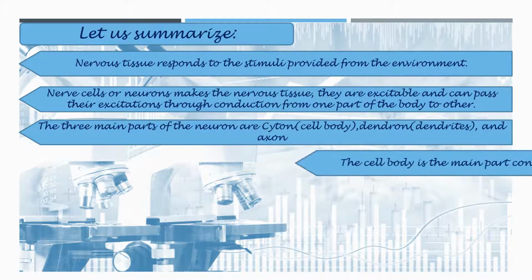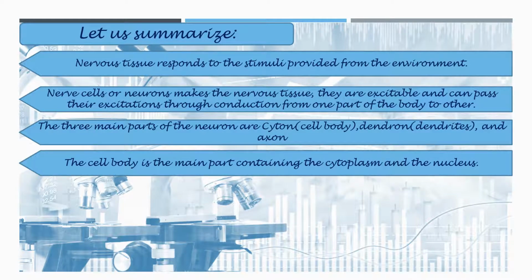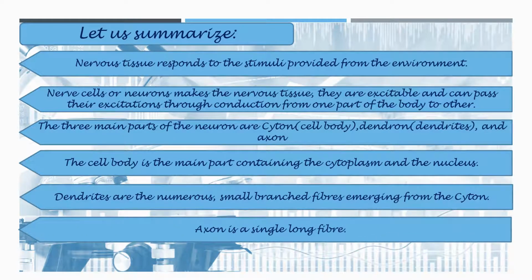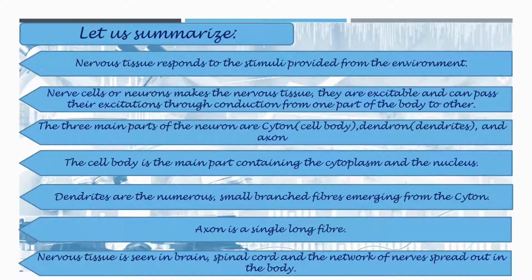The cell body is the main part containing the cytoplasm and the nucleus. Dendrites are the numerous small branched fibers emerging from the cyton, and axon is a single long fiber. Nervous tissue is seen in the brain, spinal cord, and the network of nerves spread out in the body.